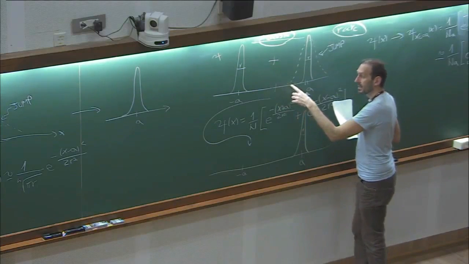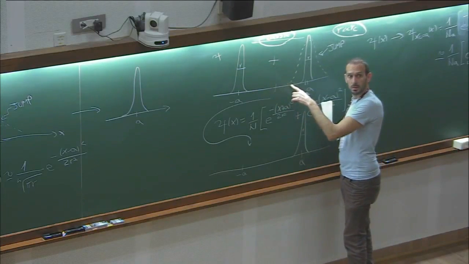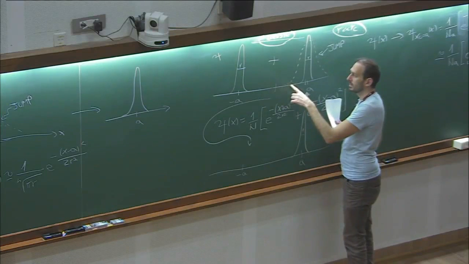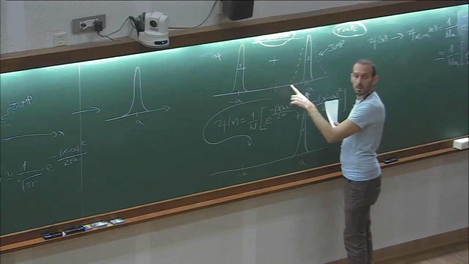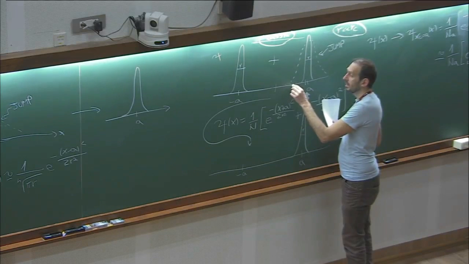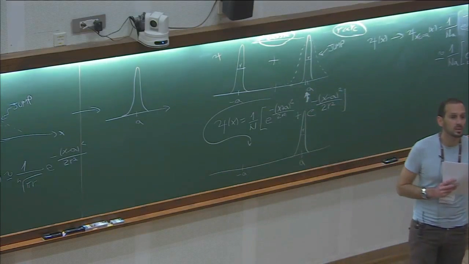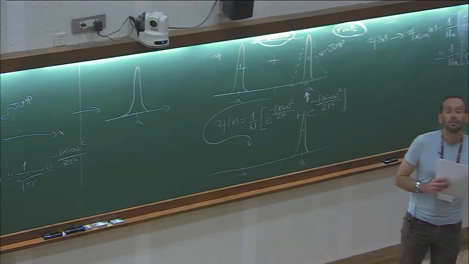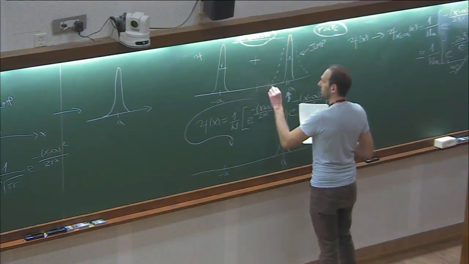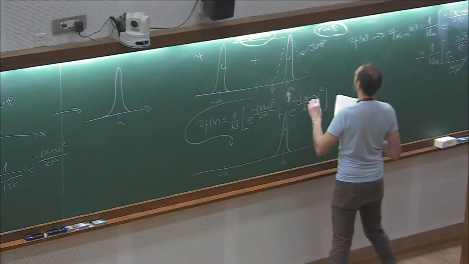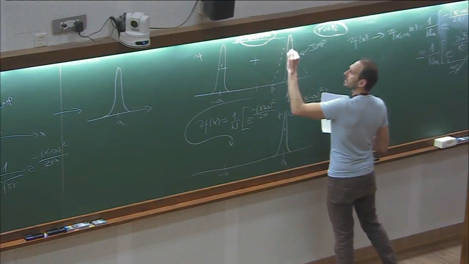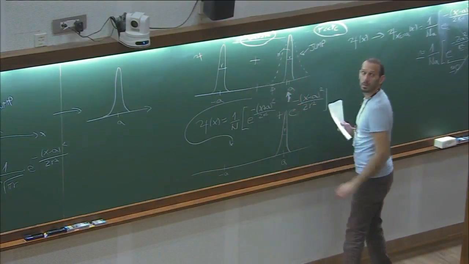The probability is basically 0 here. Yes, there is a vastly small probability for the jump to occur here, and then the final state would be basically that the Gaussian moves there.